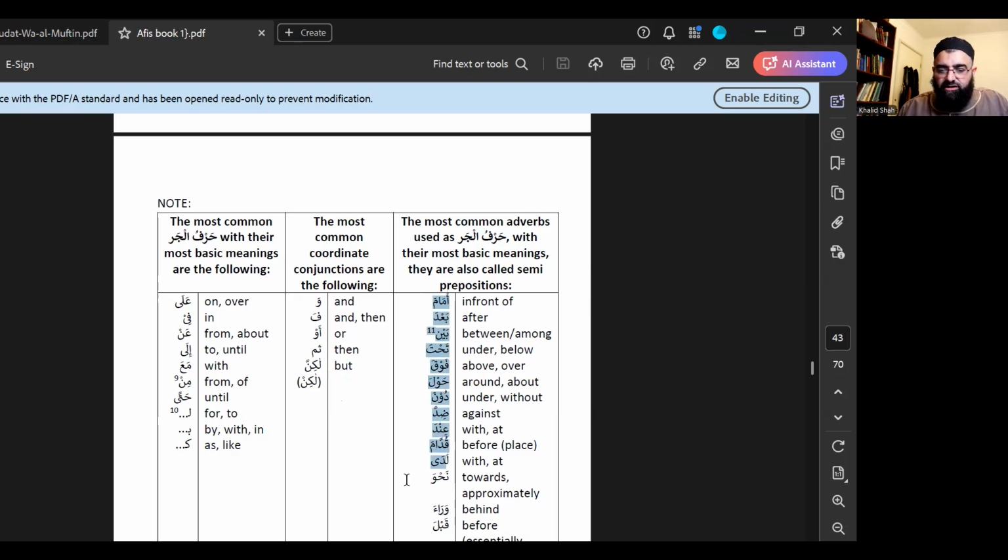These words here, and you saw some of them used like ba'da and bain, in reality they are nouns. They're a specific type of noun called zarf. Zarf makan, zaman. But they're like prepositions. The reason they're called semi-prepositions is that for our purpose in this lesson, we treat them like the first column for the moment.